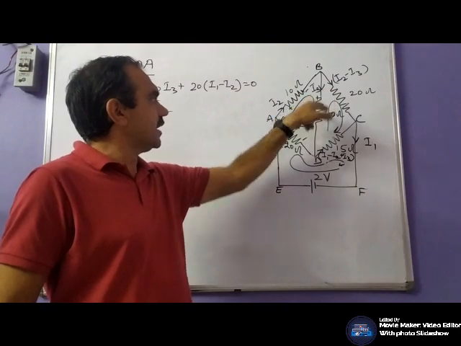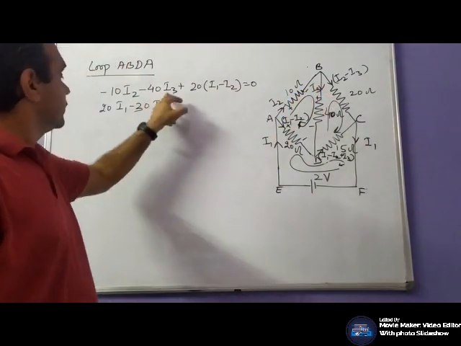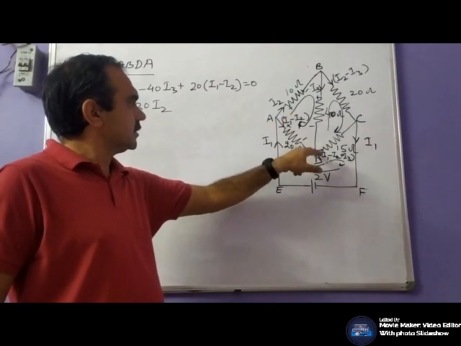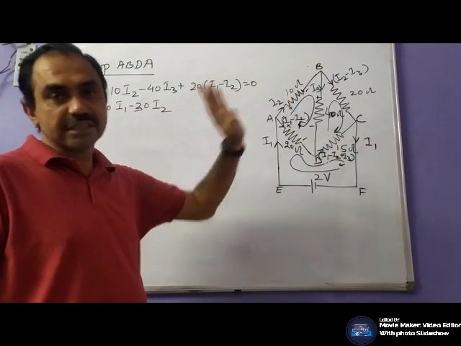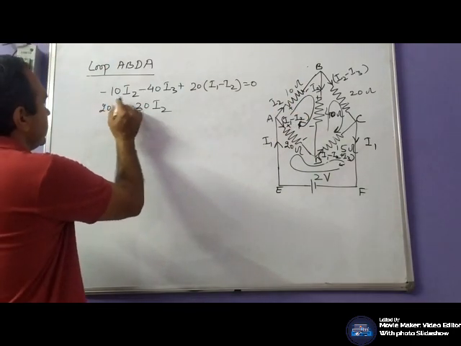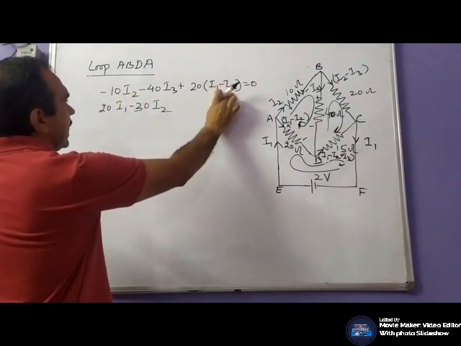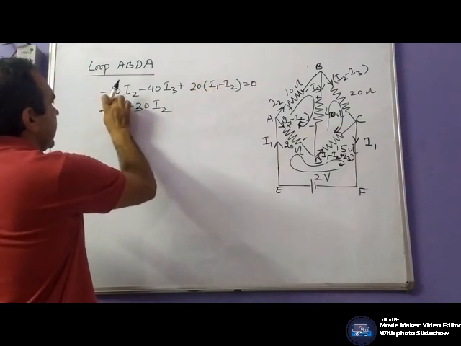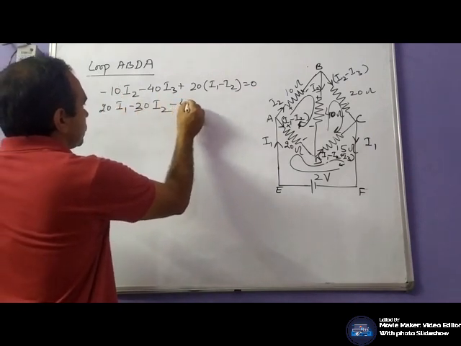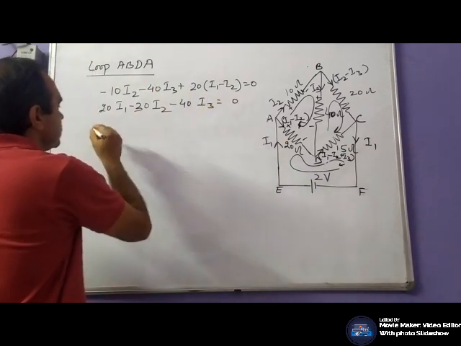Here higher to lower, 40 I3. We are moving from lower to higher. So 20 (I1 minus I2). You can further simplify it. 20 I1, minus 20 I2 and minus 10 I2, minus 30 I2, and minus 40 I3 is equal to 0.